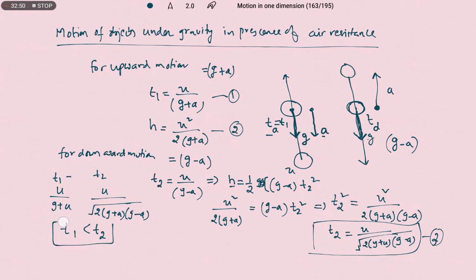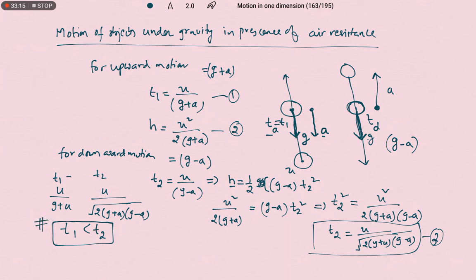Generally we thought that if objects are moving under air friction, the time of ascent would be greater than the time of descent. But actually what happens here? The time of ascent is less than the time of descent. This is the conclusion we get when the object is moving under air friction.